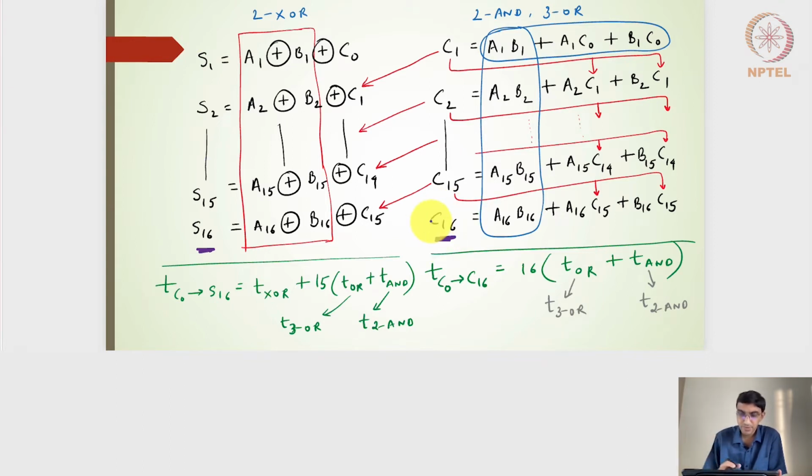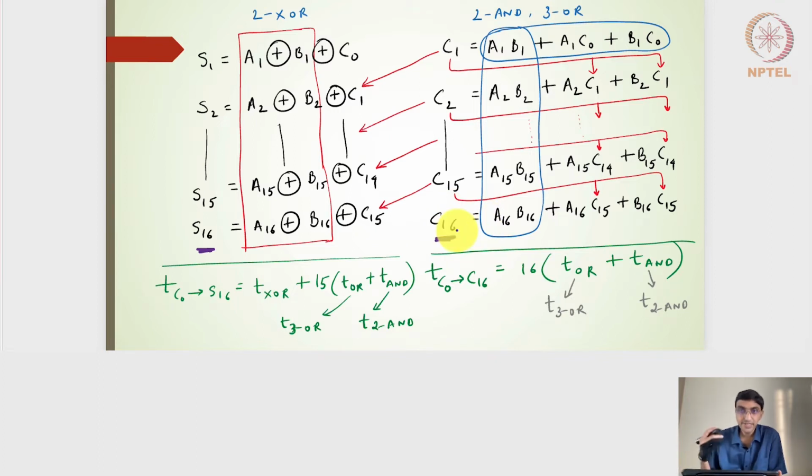The inputs provided are A1, B1 to A16, B16, and C0, the carry input to the 16-bit addition. The outputs are S1 to S16 and the carry output C16.